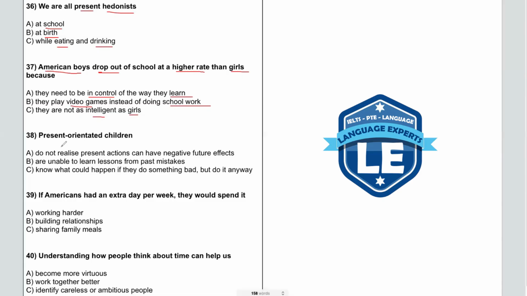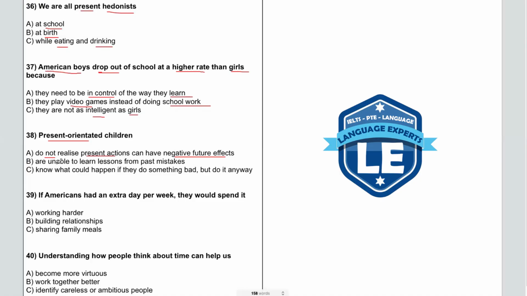Present-orientated children. Now I'm going to underline present-orientated. We've just talked about boys and girls, which is children, so I assume that since the answers will come in order, we'll already be talking about children, so I don't need to underline this necessarily. For A, it says do not realize present actions can have negative future effects. Now, I just want to know that this is going to be negative. So I've underlined not, present actions, I have present-orientated, so this makes sense to underline, and negative future effects.